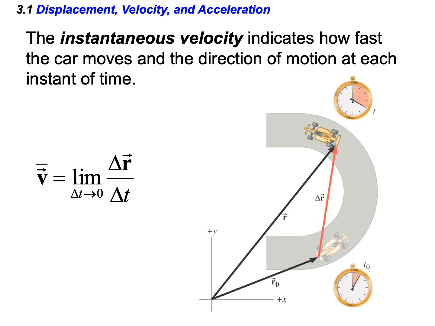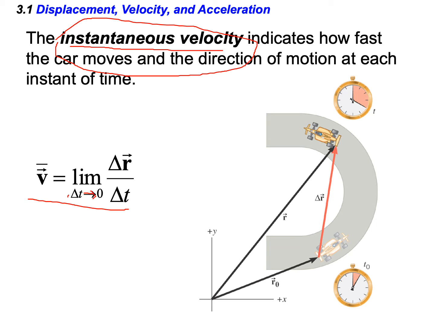In the previous chapter, we talked about instantaneous speed or velocity: the speed or velocity of an object at a given time, at a given location. It's a very small time interval, and in your equation you see the limit as delta t tends to 0.